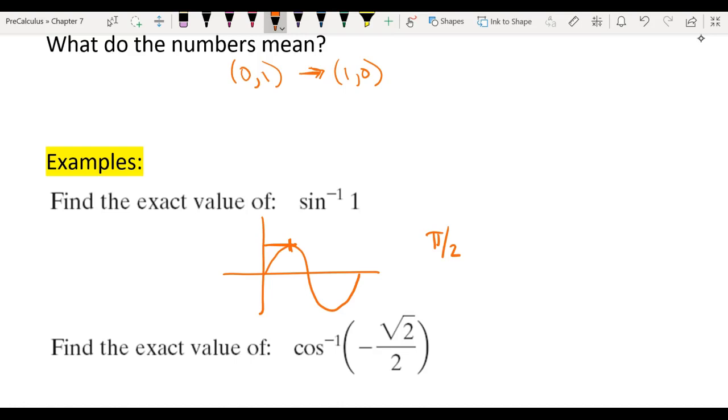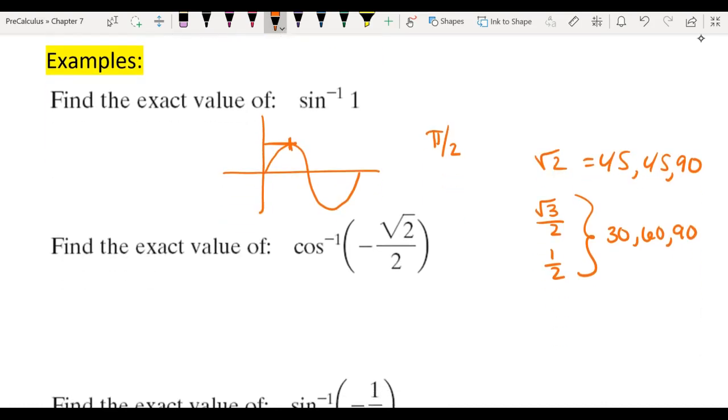If it's 1/2 or square root of 3 over 2, that's the 30, 60, 90, okay? So if it has square root of 2, it's the 45, 45, 90. If it has square root of 3 over 2 or 1/2, those are the 30, 60, 90. And then for whole numbers, like on the previous one, I typically draw the graph of sine, cosine, or tangent, okay?